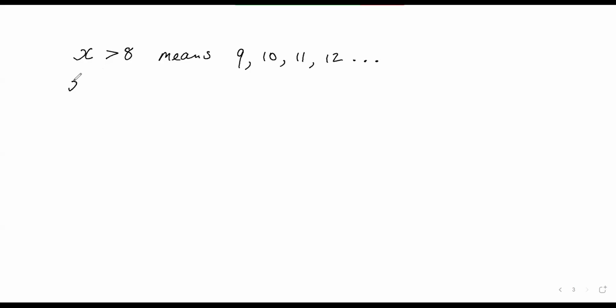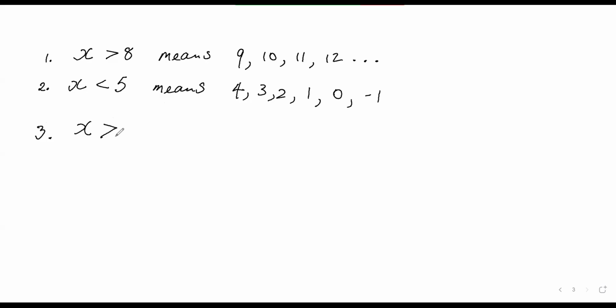If we say x is less than 5, this means 4, 3, 2, 1, 0, -1. It's less than 5.